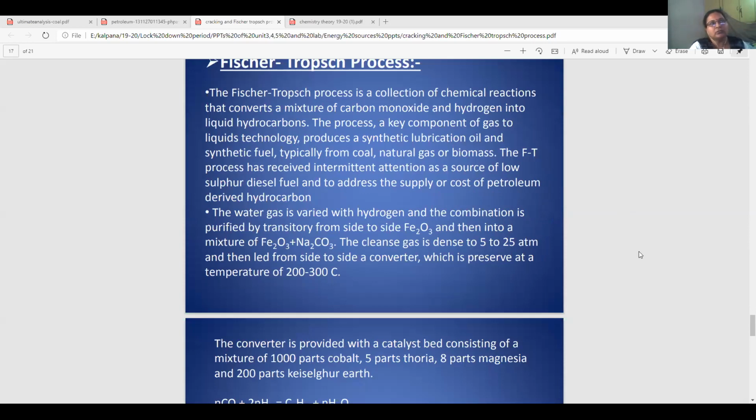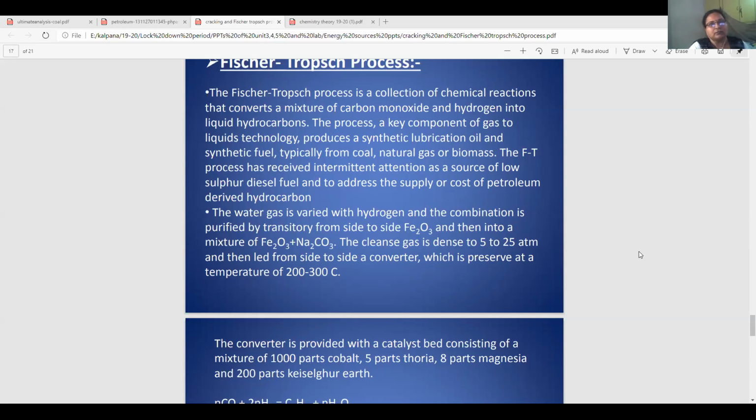The process, a key component of gas-to-liquids technology, produces synthetic lubricating oil and synthetic fuel. So what we are doing here is sending in gas and getting liquid. It has received intermittent attention as a source of low-sulfur diesel fuel and to address the supply or cost of petroleum-derived hydrocarbons.